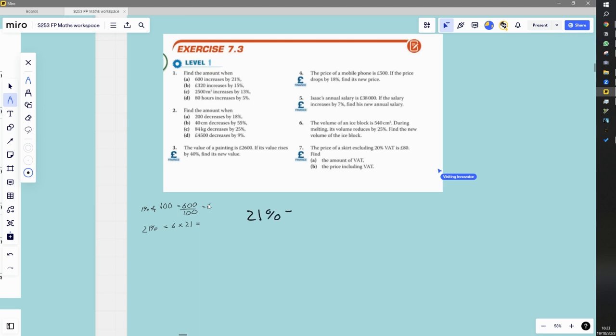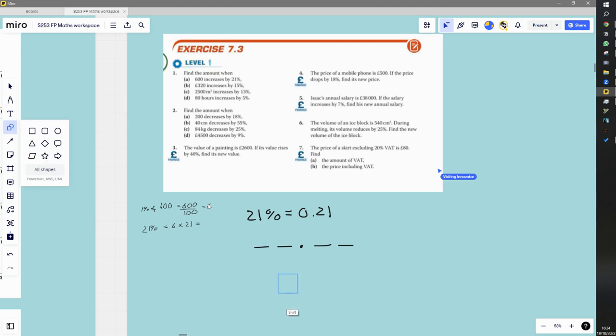21% is the same thing as 0.21. So whenever you read percentage, just imagine shifting the numbers 2 spaces along past the decimal point. If you imagine maybe a train track or something, that might be a good way to think of it. This is often how I think about it anyway.